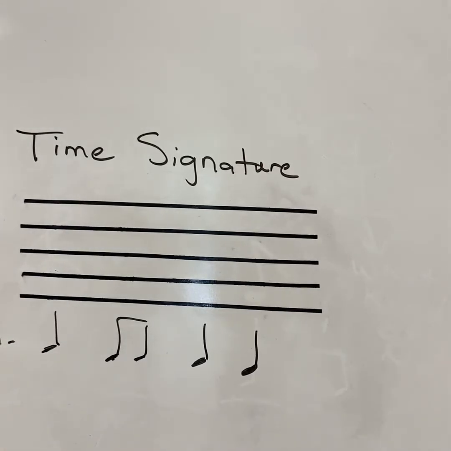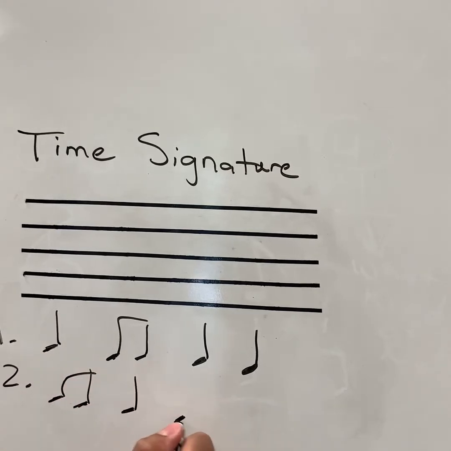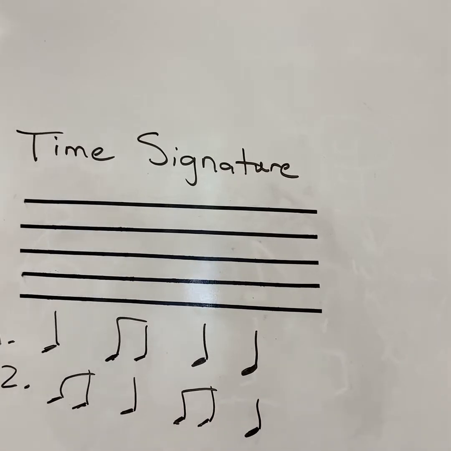And a measure is what we call each group or each set of notes that we have in each example. So from the previous video, you had a measure one and number two. We're going to call that measure two. It may have been something like this. Okay. A little bit different from measure one.